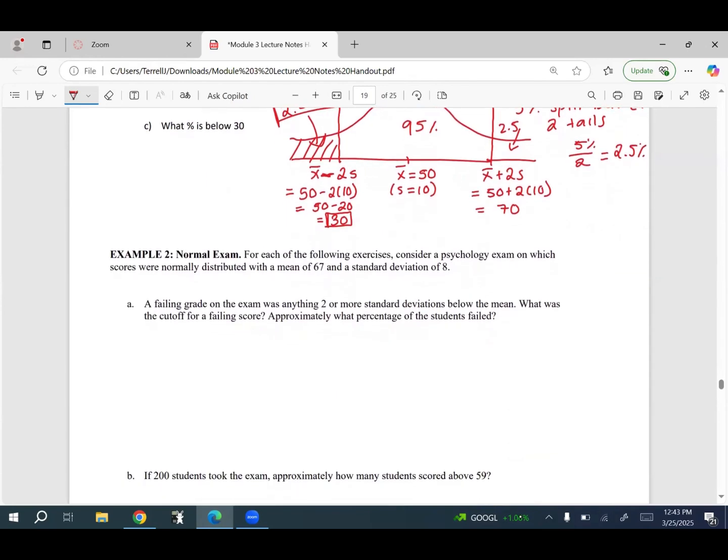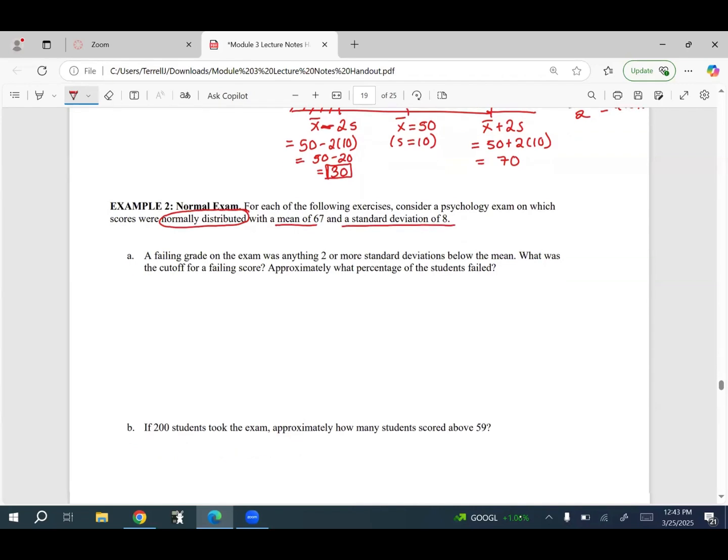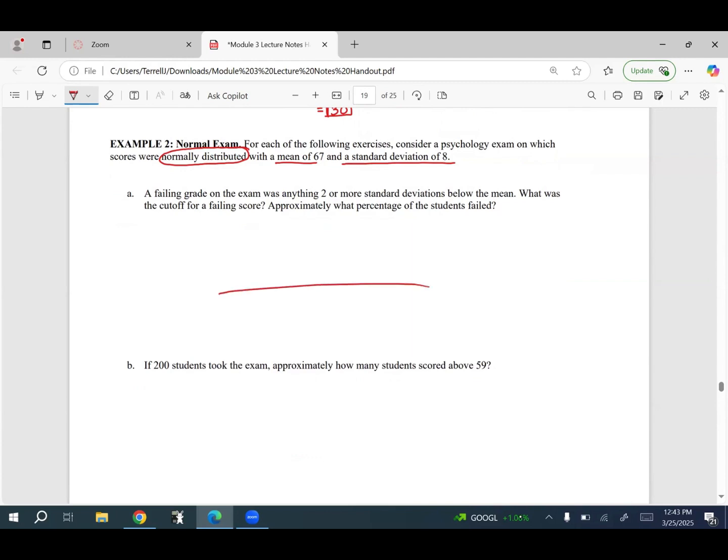Let's look at the next example. Normal exam. For each of the following exercises, consider a psychology exam on which the scores were normally distributed with a mean of 67 and a standard deviation of 8. So let's draw that out first.